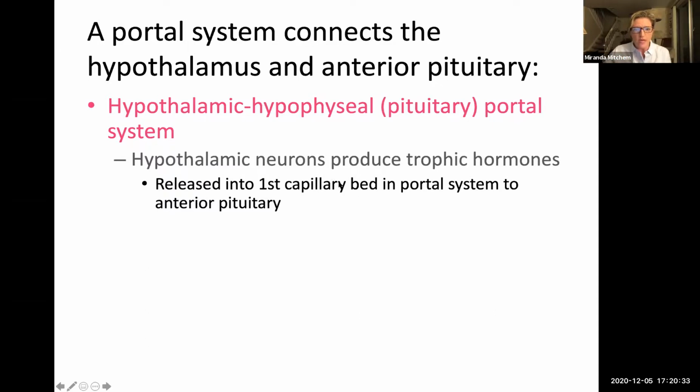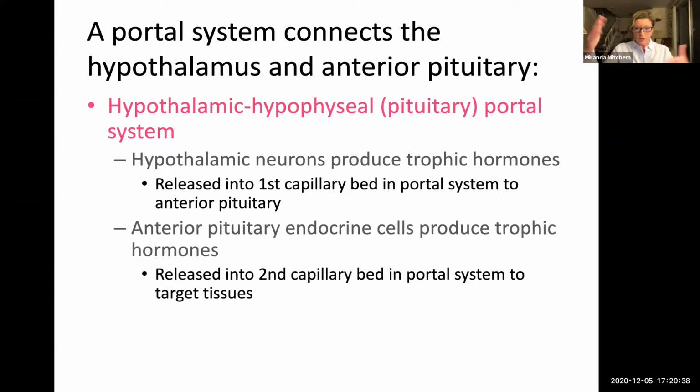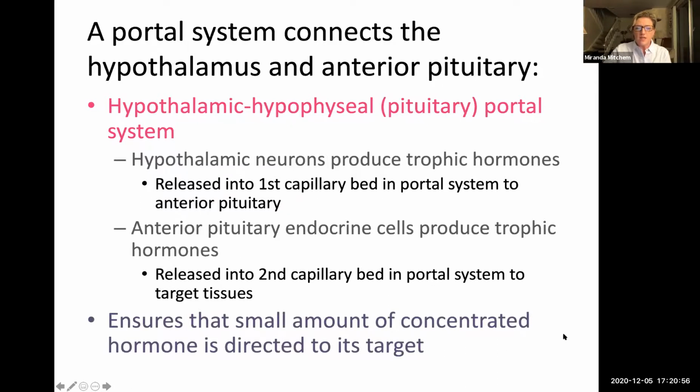So first of all, we get it released into the first capillary bed in the portal system, and then it goes through the portal vein, and then we have release into the second capillary bed in the portal system, and that allows it to travel to the target tissues through the bloodstream. And this ties to those very small concentrations of hormones that are effective because they bind to a target cell through a receptor. So it's only acting on cells that have that right receptor.